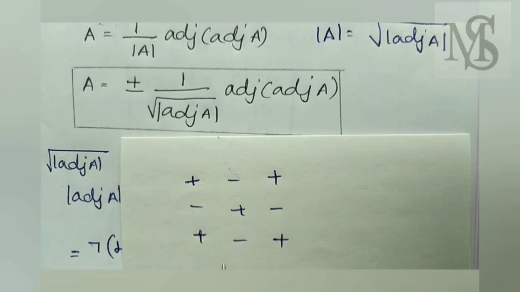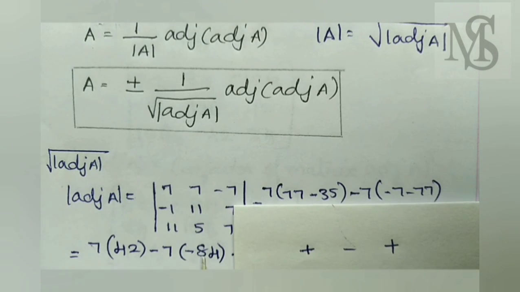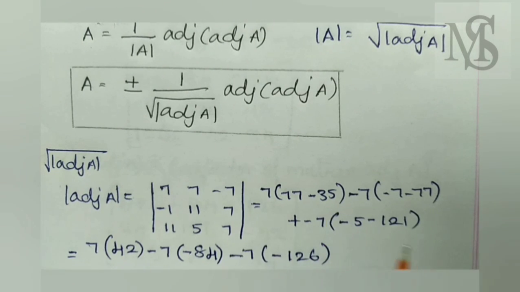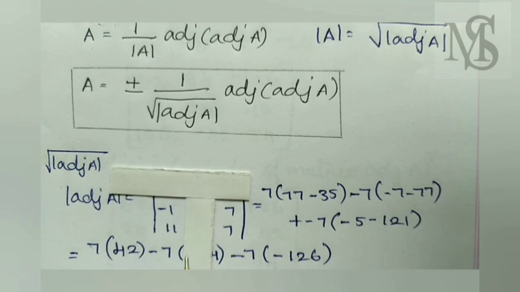We all know that in a matrix we have to use this sign method: in the first place we have plus, in the second place we have minus. So minus 7 into, without considering the values in the second column and the first row, the remaining values cross multiplied and subtracted.